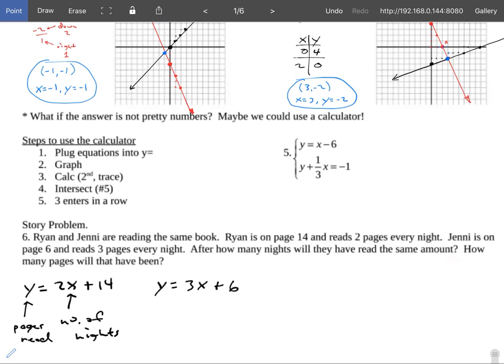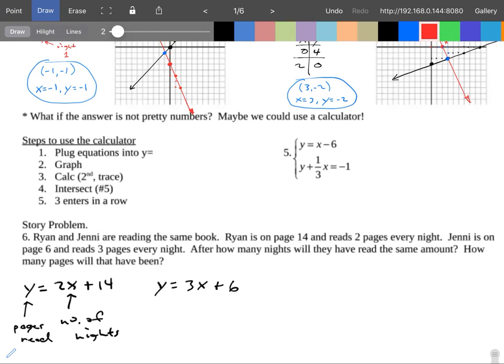So what you got to do is solve for x after you set these equal to each other. So we're going to set this equal to this. We want to know after how many nights have Jenny and Ryan read the same amount of pages. So let's set them equal and then solve for x.